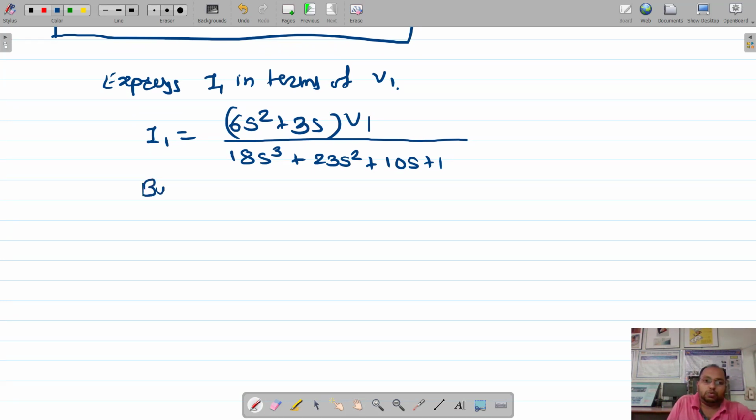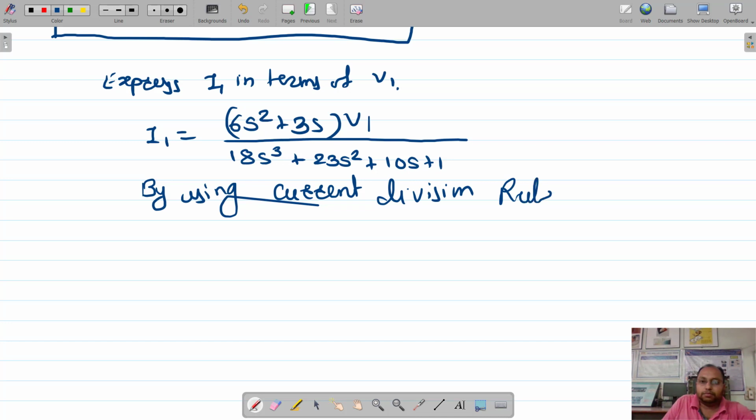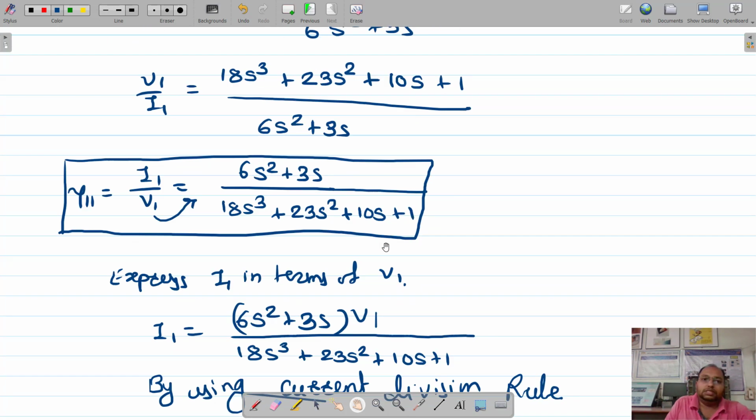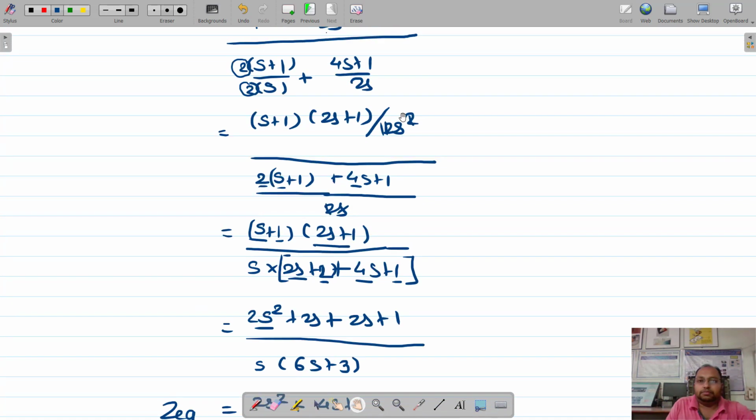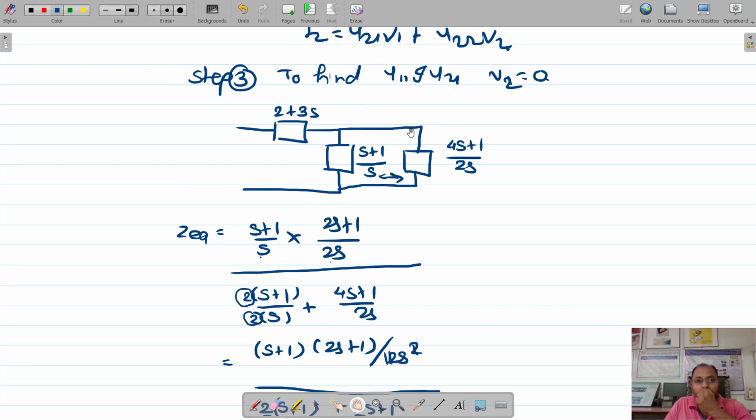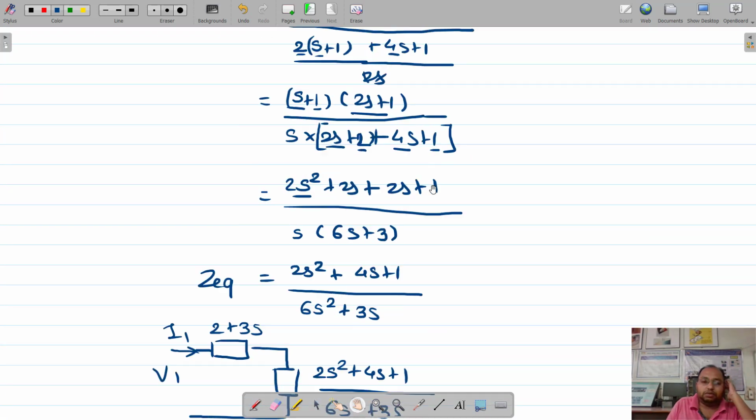By using the current division rule, minus I2 is equal to I1 into, now let us check out the circuit diagram. Fine. So we are interested to find out the current flowing through this 4s plus 1 divided by 2s, right? So its opposite branch resistor is nothing but what? S plus 1 divided by S. Is that fine? Okay, so let us do this.